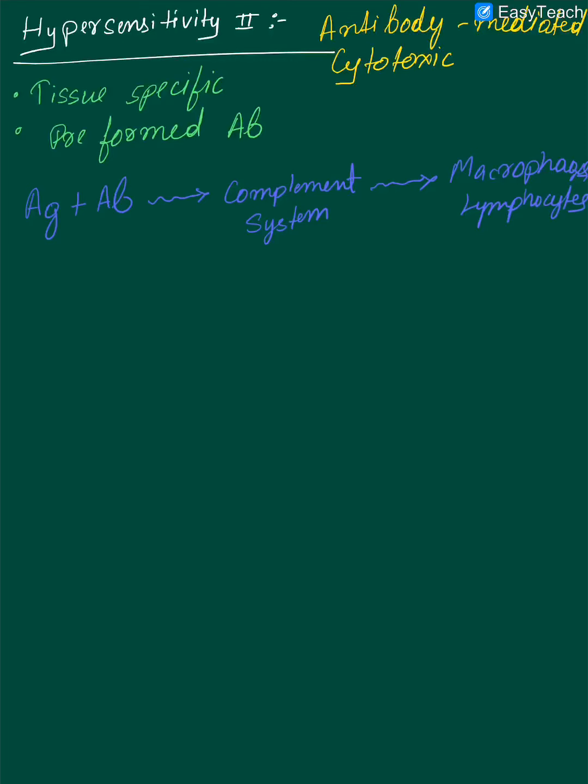What is the combined name of antigen and antibody? Yes, it's of course called the antigen antibody complex, but apart from that, it has got another name, that is immunocomplex.